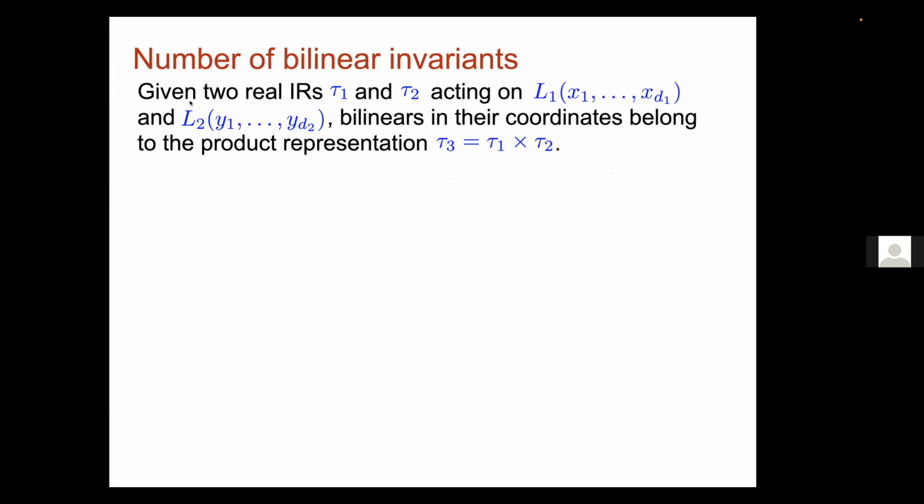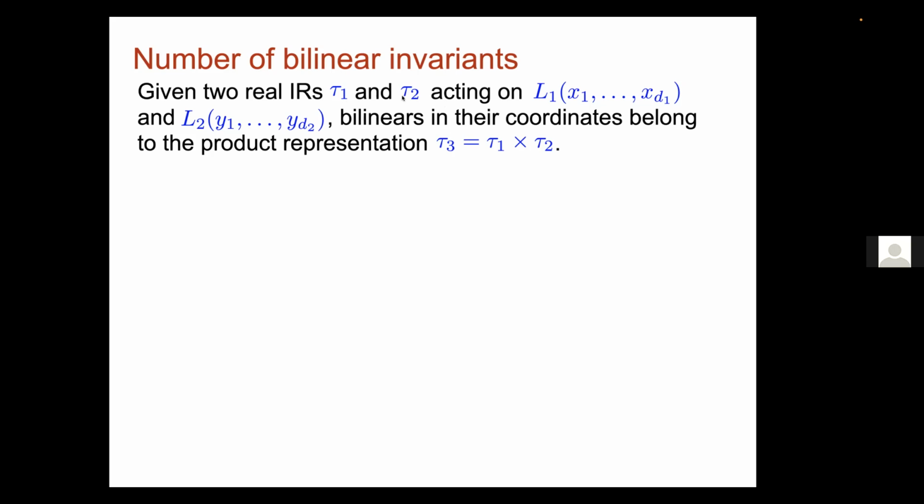Okay, so now that we know about the product representation, it's very easy to know when you have bilinear invariants. If you want to construct Hamiltonians, dynamical matrices, potential matrices, anything, all these things have to respect the symmetries of the system. So the trick to construct these objects is just to take products of representations.